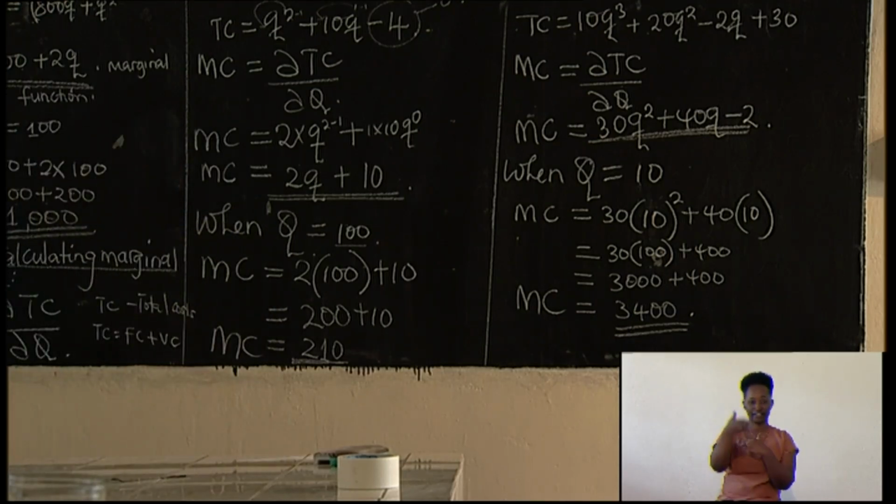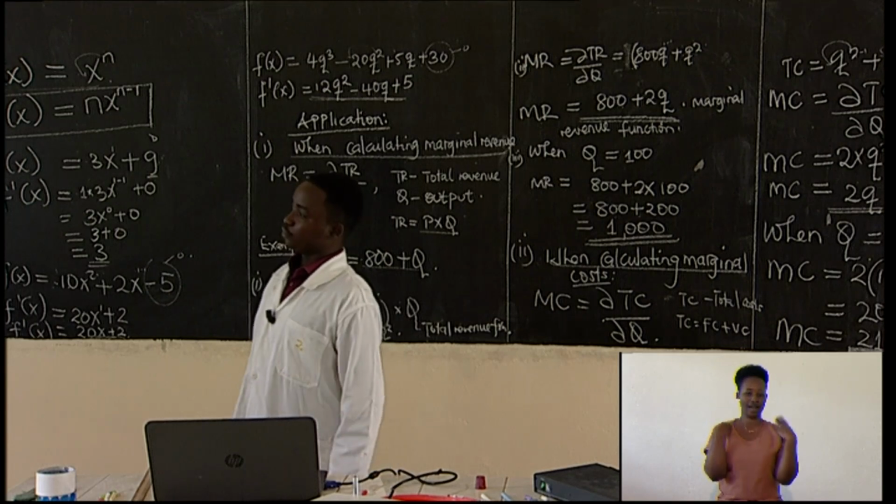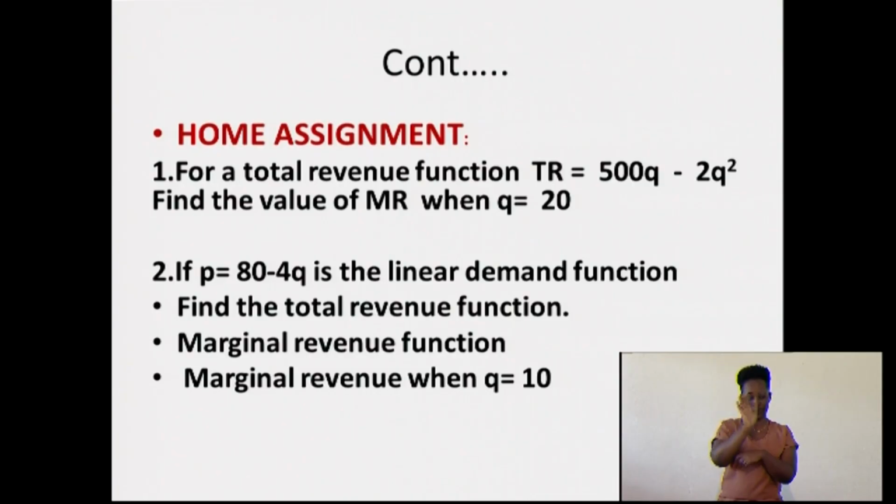Then, after looking at that, I want you to have this home assignment. I have work for you, which you have to work out following what we have done. Question 1: for a total revenue function, TR is equal to 500Q cubed minus 2Q squared, find the value of marginal revenue when output is 20.